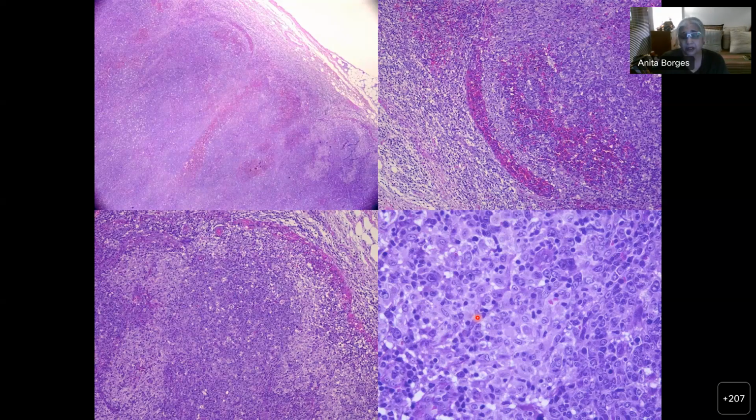Now here, if you notice something very interesting, you can see this subcapsular sinus. You look at, this is the low part, and you see all the sinuses. The sinuses are congested and they have RBCs in them. Normally we don't see RBCs. So this is an extravasation of RBCs.